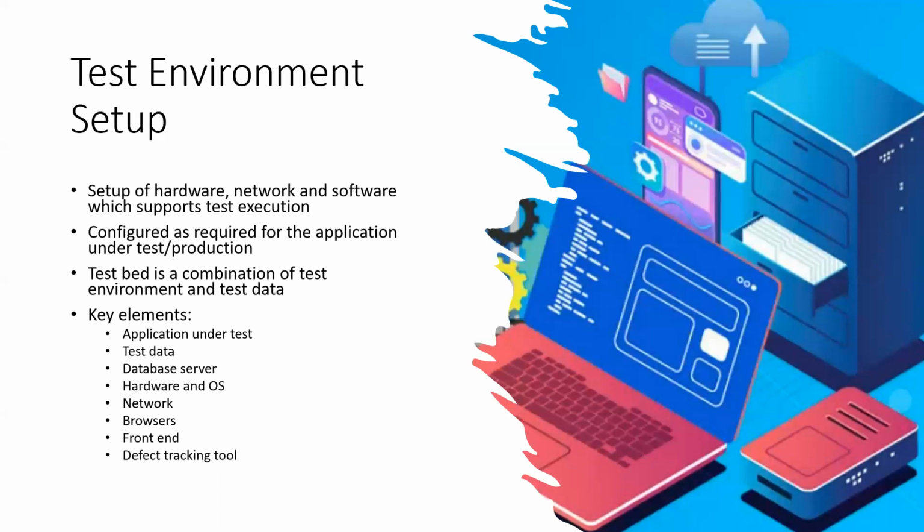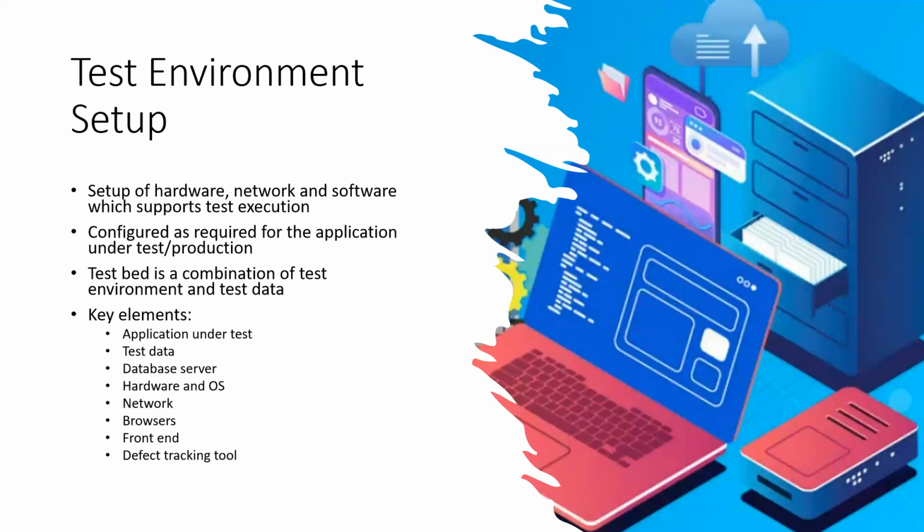Okay, fine. So we have a few key elements which need to be taken care of while preparing the test environment. We can't just push everything and give the environment to QA or production for testing or usage. We need some key elements to concentrate on and to have a checklist of. So those are: application under test.